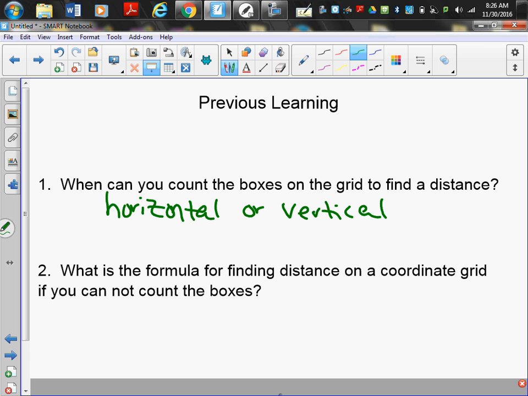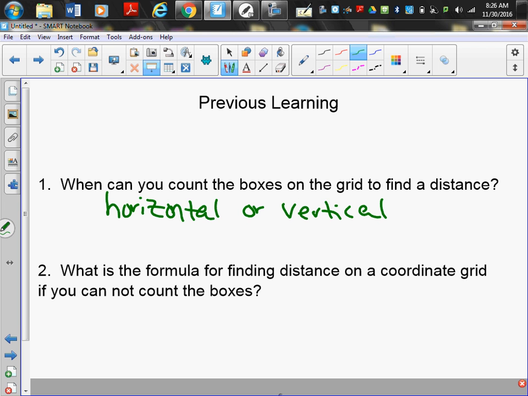Any clues? Anyone besides Paul today? I know y'all know this. We will use that after. Distance formula. Alright, so tell me what the distance formula is.